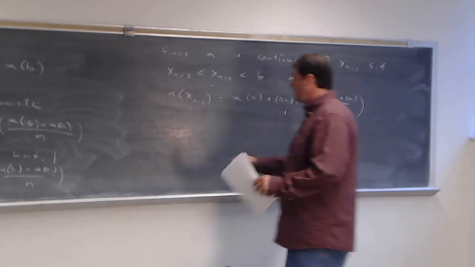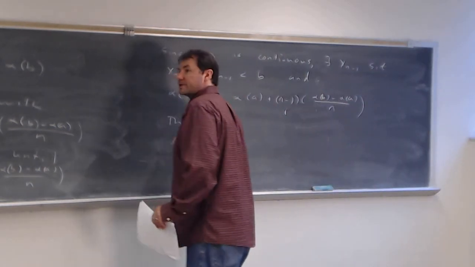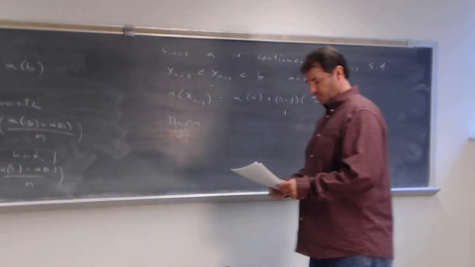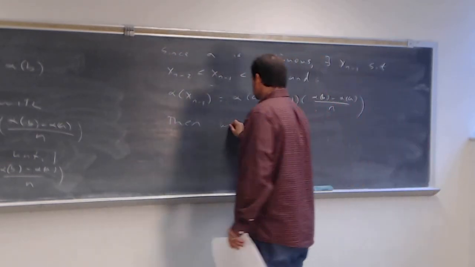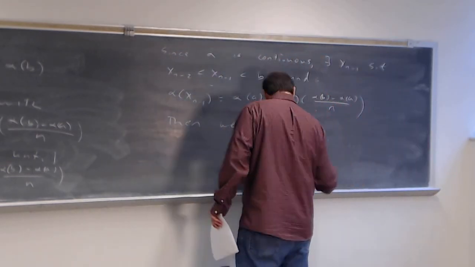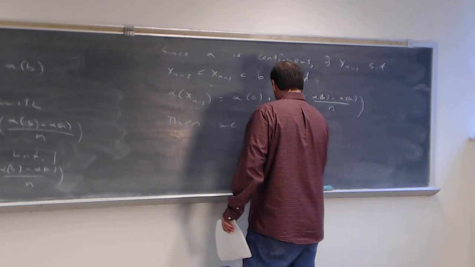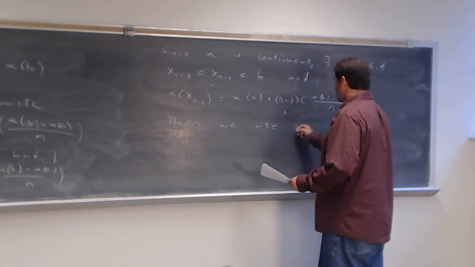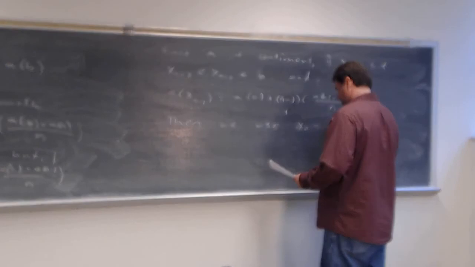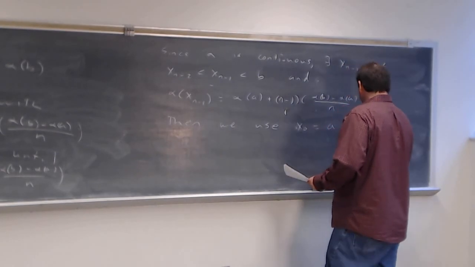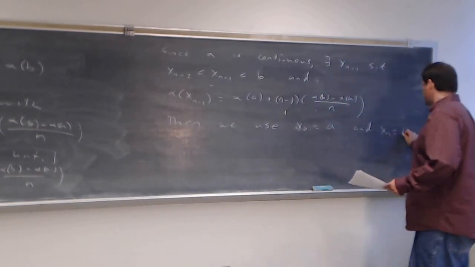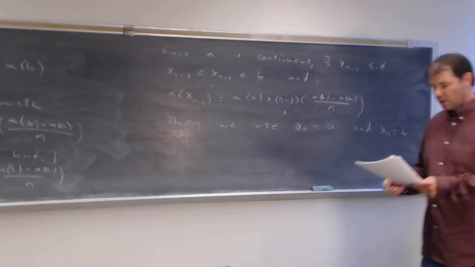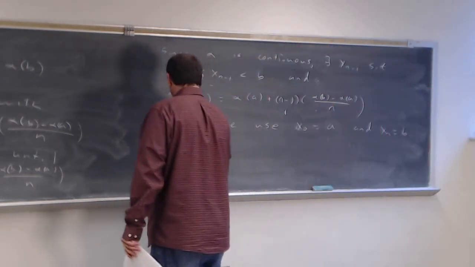Okay. Then, to form our partition, we use that alpha, we use x of naught is equal to A and x of n is equal to B to form the partition.